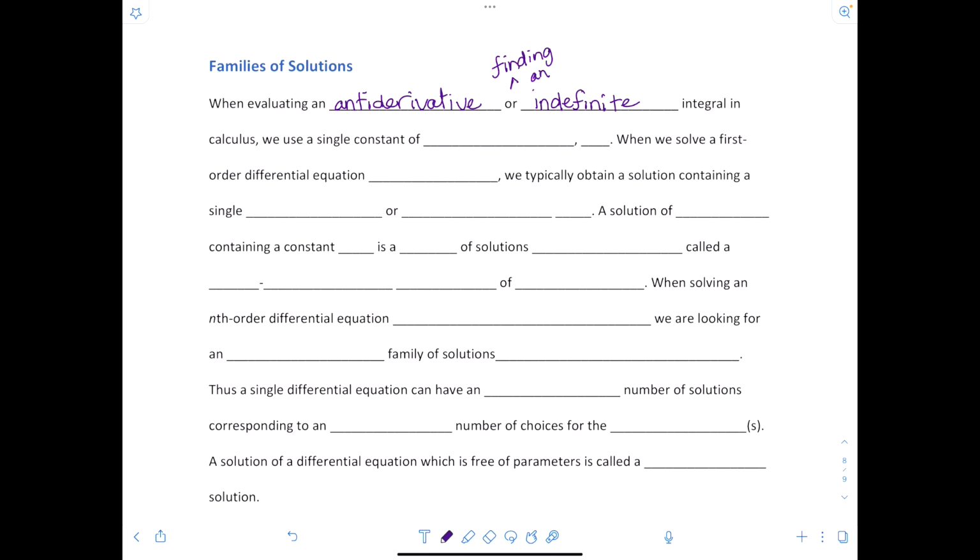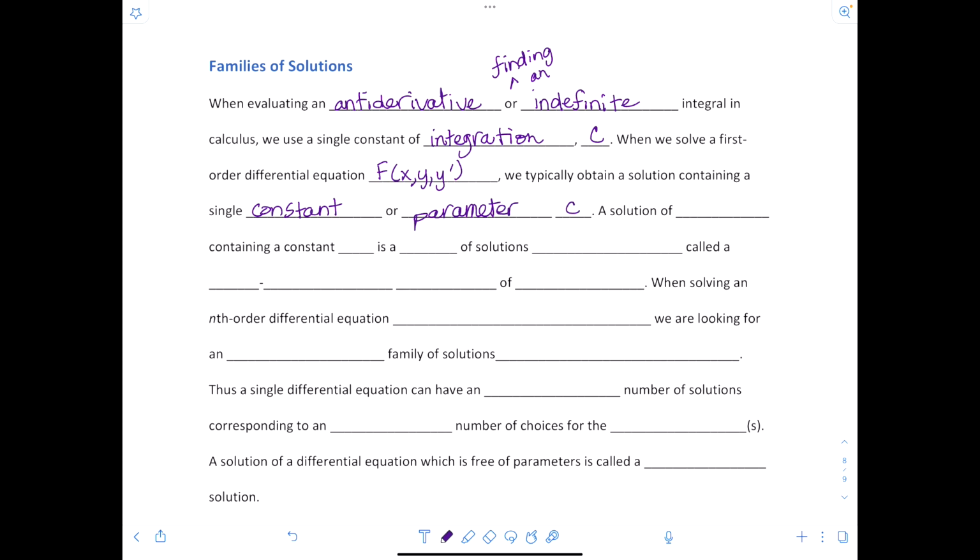We use a single constant of integration, and we used to just call it C, right? For the most part. When we solve a first order differential equation, capital F at x, y, and y prime, we typically obtain a solution containing a single constant or parameter, C.